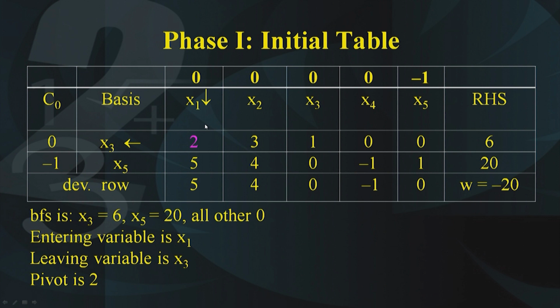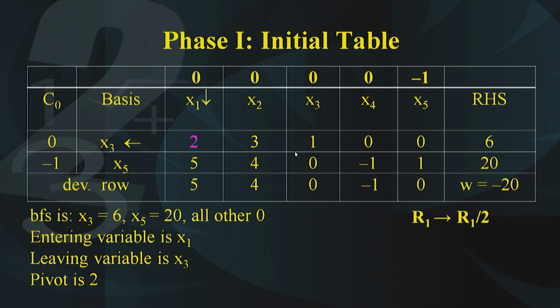You see, then only x1 will become a basic variable. So, what are the elementary row operations that we should apply? First of all, we should divide the entire row 1 by 2. Once you apply this, this pivot will become 1, and that is what you want.